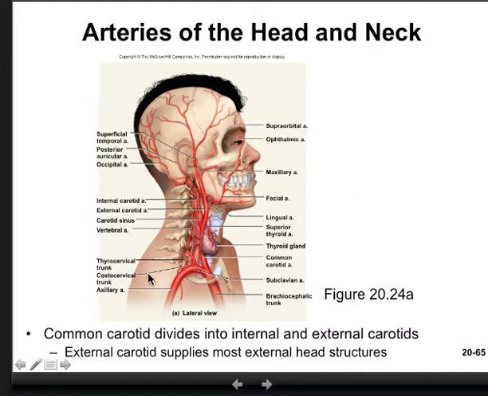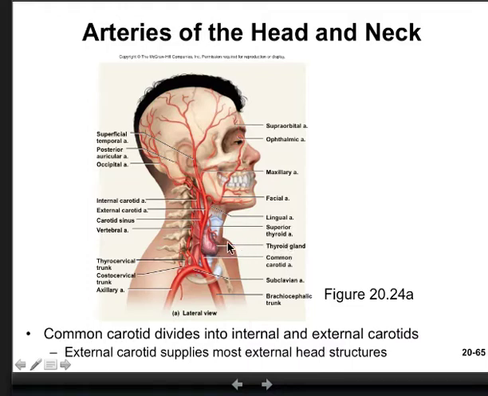And the costocervical trunk also supplies lower areas of the neck near the costal cartilages. And the axillary artery is named for the region that it runs through, which is the axillary region, which is under the arm. Okay, the brachiocephalic trunk we've already discussed, as we have the subclavian and common carotid.